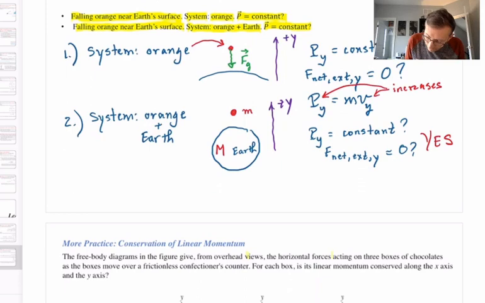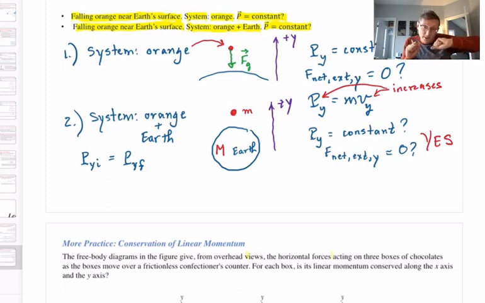That means the y momentum of the system initial must equal the y momentum of the system final. Notice capital P is for the momentum of a system. And initial and final are 2 points, 2 moments in time that we pick. I'm going to take the initial moment in time to be just as I release them.